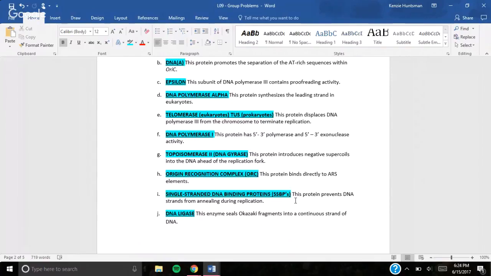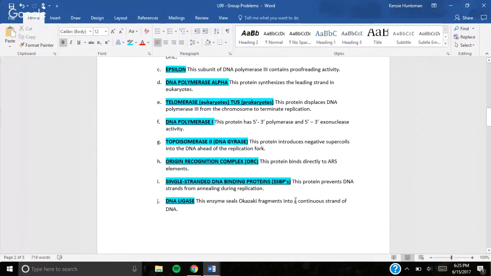But for F, DNA polymerase 1, this protein has a 5' to 3' polymerase and a 5' to 3' exonuclease activity. For G, topoisomerase 2 or DNA gyrase, this protein introduces negative supercoils into the DNA ahead of the replication fork. For H, origin recognition complex ORC, and this protein binds directly to the ARS elements.